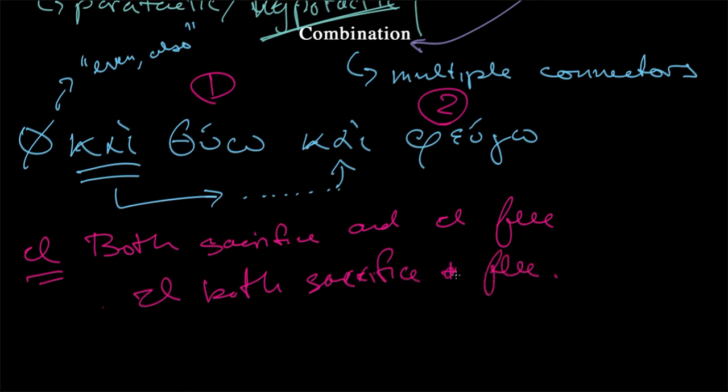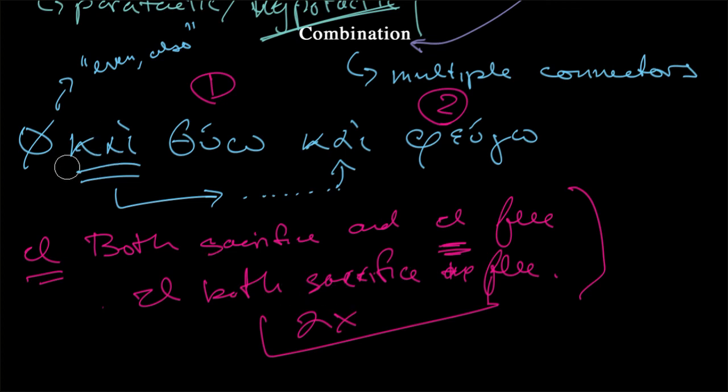So both sets up this expectation that, hey, we're going to get two things here. We're going to get two equivalents that are connected. We could just say I sacrifice and flee, and in terms of substance, that doesn't really change what's going on at all. This both really is just an indicator of what's coming on. And this is what kai is doing here. Kai thuo, kai theogo.